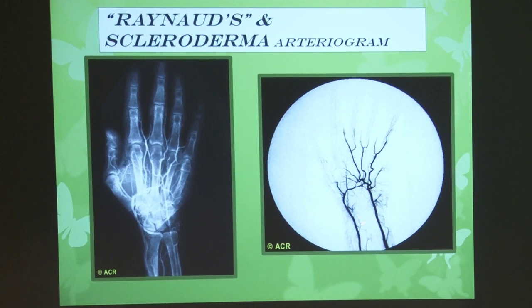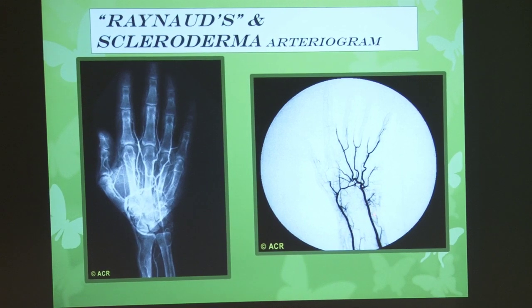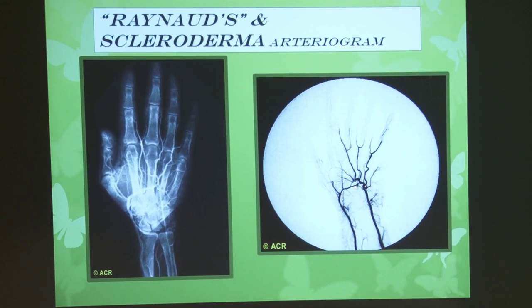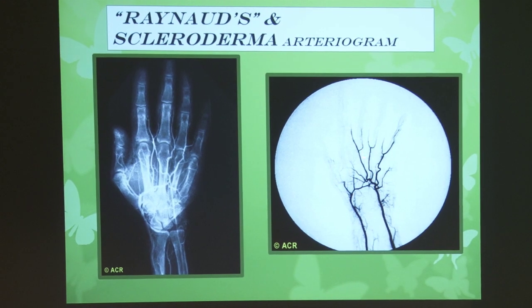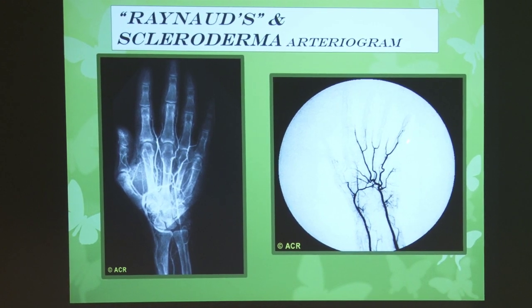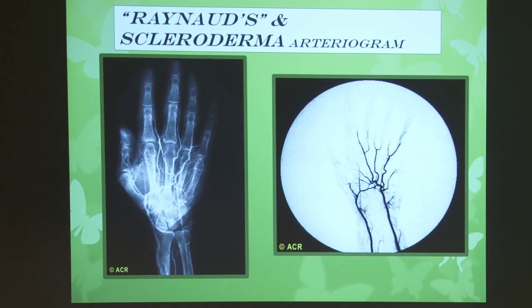These are the main blood supplies to your hand. One's called the radial artery, the other one's called the ulnar artery. They make a collateral of vessels that come and are supposed to go all the way to the fingers. You can see the fifth one here, you're getting some blood supply, but then here's the ring finger, here's the middle finger, here's the index finger, and here's the thumb.